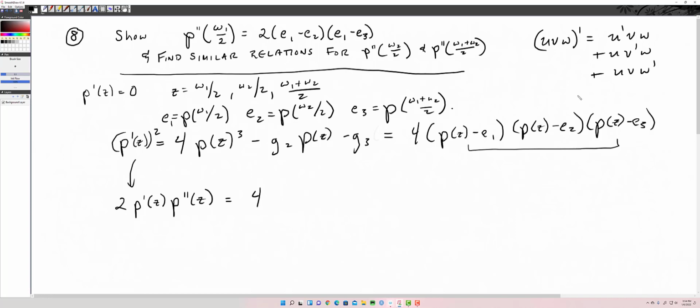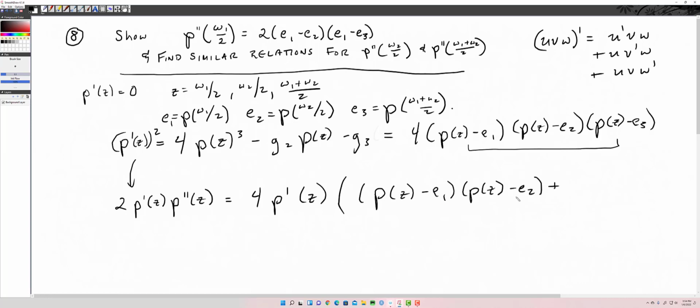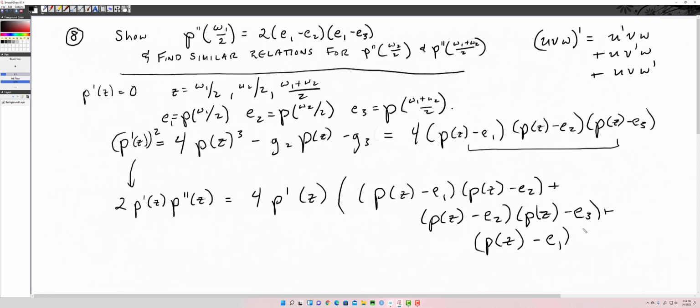The derivative of any one of these 3 is going to be the same. It's going to be P prime of Z. So we get P prime of Z times P of Z minus E1 P of Z minus E2 plus P of Z minus E2 P of Z minus E3 plus P of Z minus E1 P of Z minus E3.